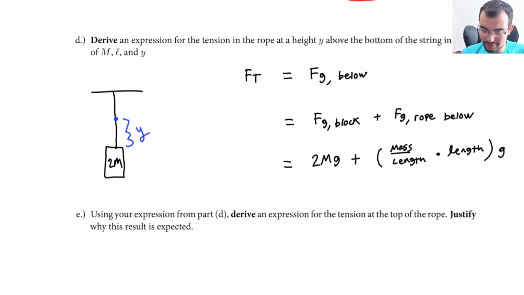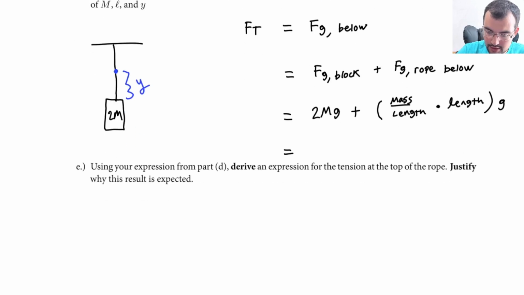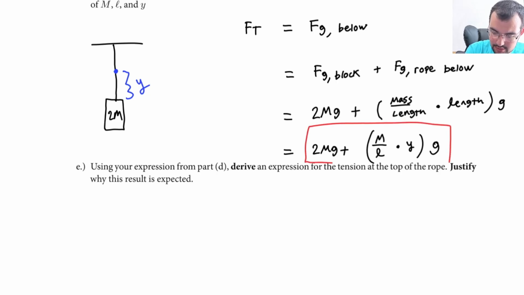Just showing that they're different here. So we said that mass per unit length was m divided by L. So we can write this as 2mg plus m over L times the length of the rope that we're dealing with, which in this case, we're not dealing with the whole rope, we're dealing with a height y, times g. So this is definitely a bit of an interesting derivation going on here.